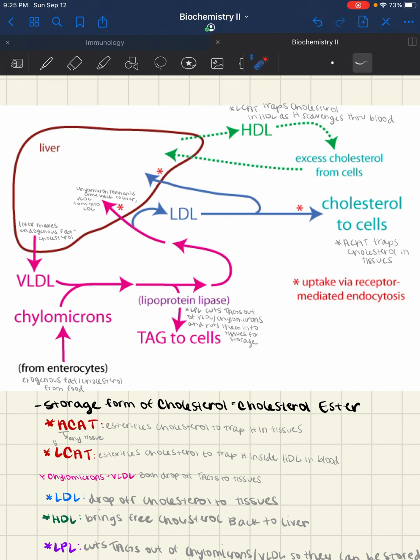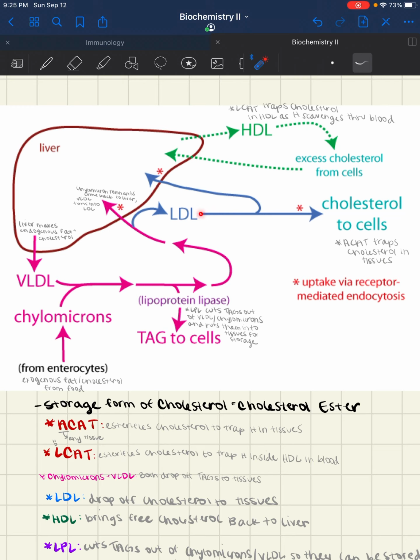So once LDL is absorbed into a tissue, there's going to be an enzyme called ACAT waiting inside of a tissue to esterify cholesterol. So when cholesterol is esterified, it turns into a cholesterol ester, and that's the storage form of cholesterol. So ACAT is turning cholesterol into its storage form so that it could be trapped inside of tissues.